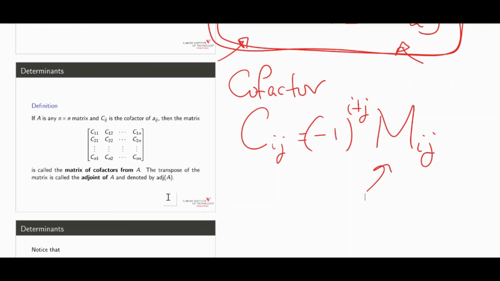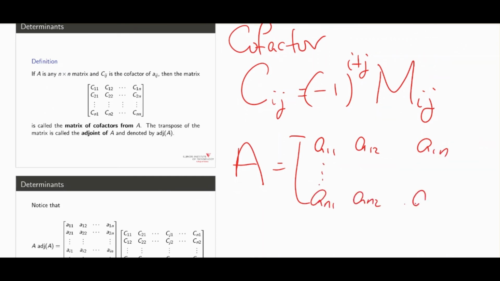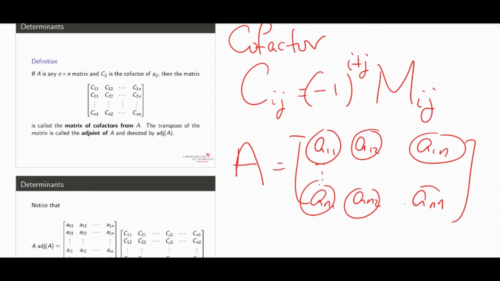Let's say you have a matrix A, with entries a11, a12, all the way to a1n, and then an1, an2, all the way to ann. Remember, every entry here is associated with a cofactor.